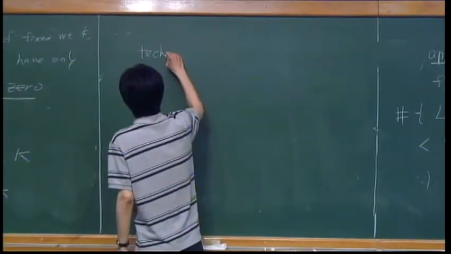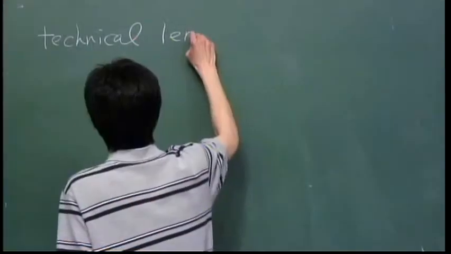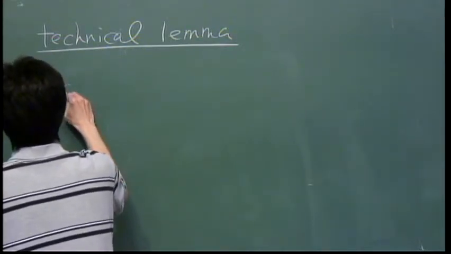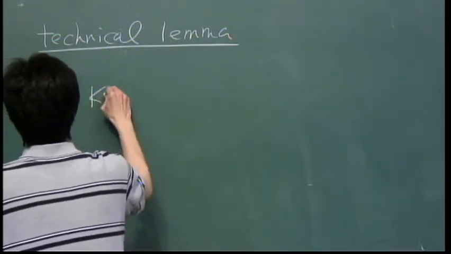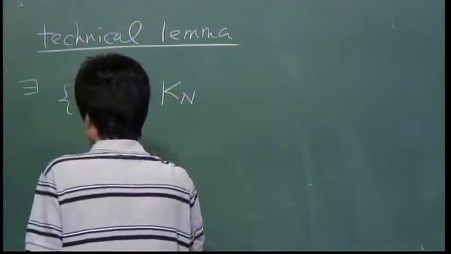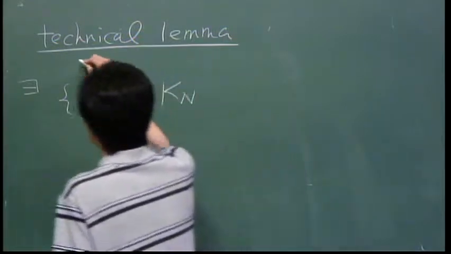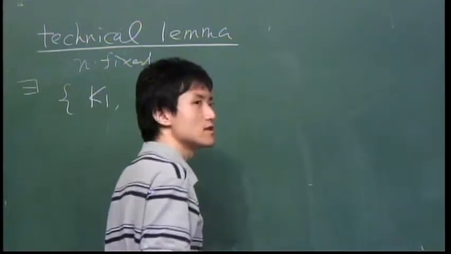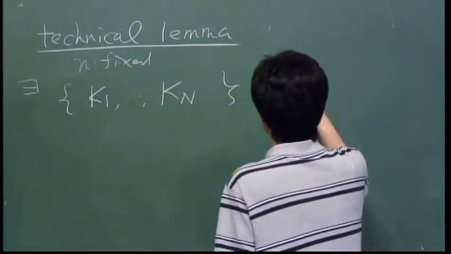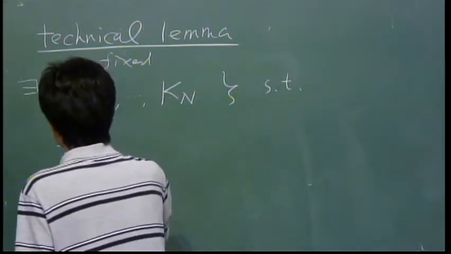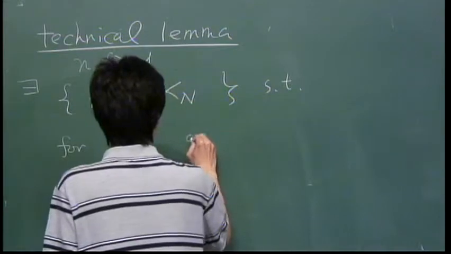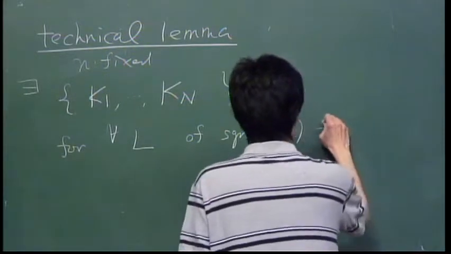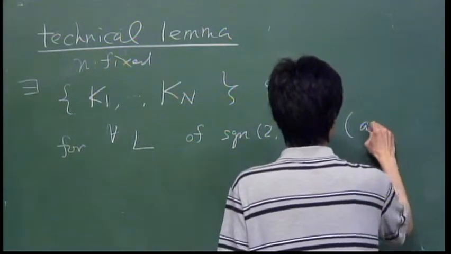Then the final step is a very technical lemma: there is a finite set of lattices of signature (2,1) such that for any even lattice of signature (2,n), but here arises a technical condition.